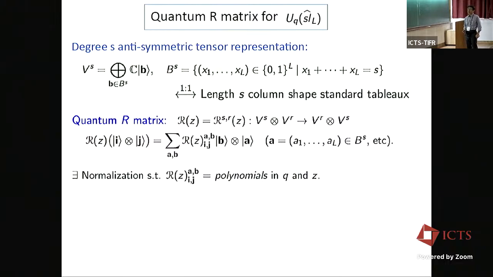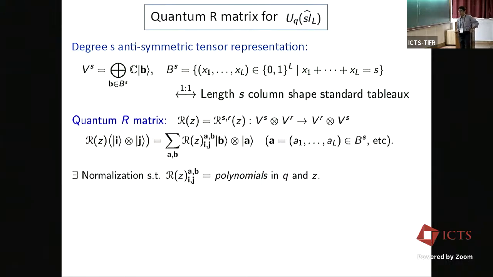So I and J are taken from these length L arrays of 0 and 1, and basis vectors labeled by I and J are written in terms of the ket symbol. And this R_z^{AB}_{IJ} is a matrix element of the quantum R matrix. It depends on the spectral parameter z as well as the quantum parameter q.